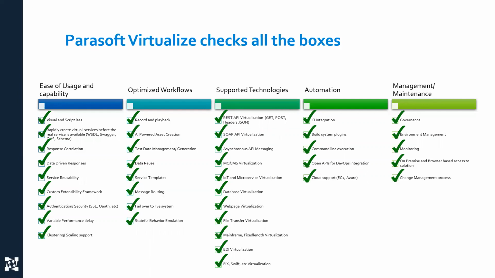Lakshmi's asking a question here about how does Virtualize implement data persistency? And so I think what you're saying here is stateful interactions. Stateful virtualization is really important in virtualization. You want to be able to have virtual services that can update their data in real time. A good example of this would be a shopping cart.